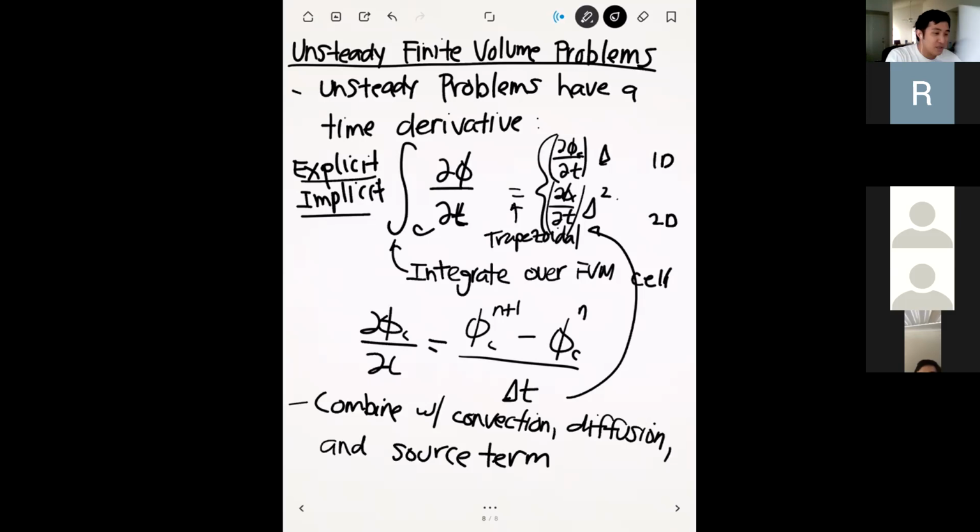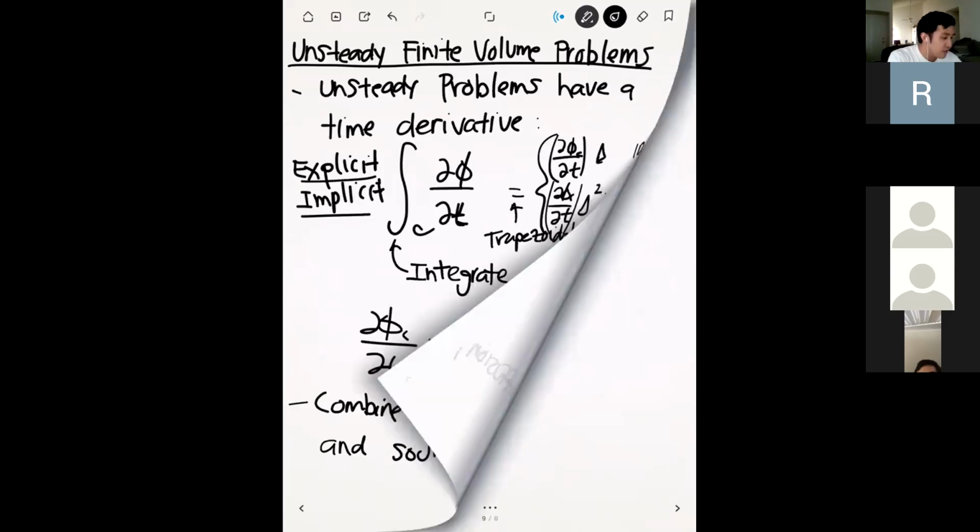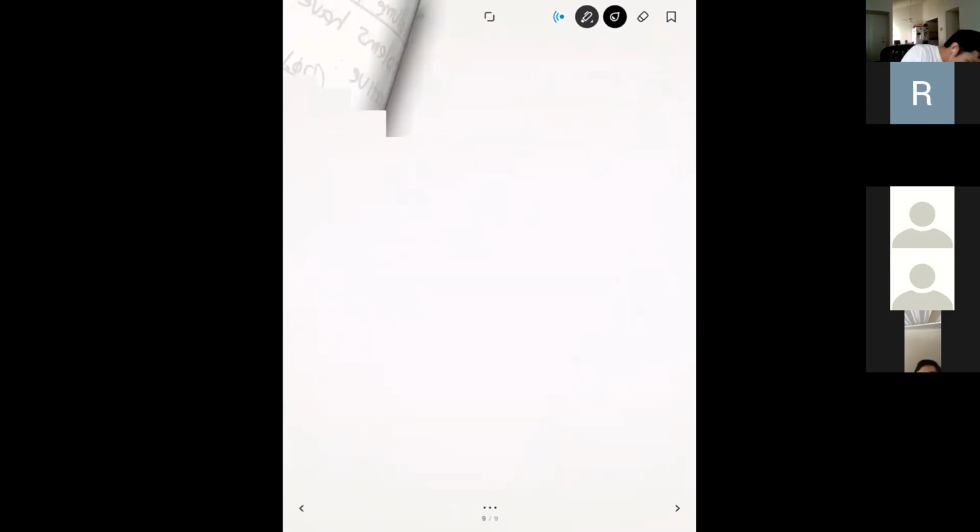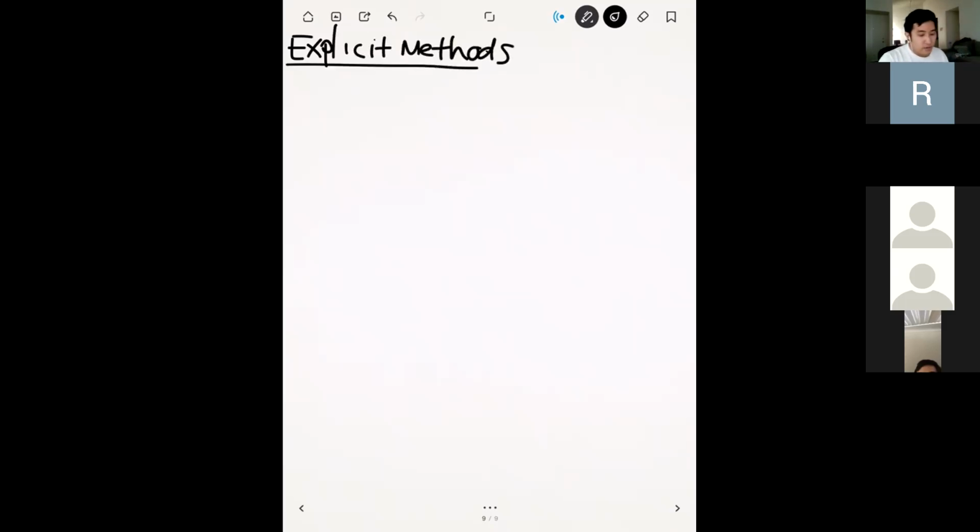Okay, so let's get into explicit time integration. Remember, the key with explicit methods, in terms of deriving the equations, is that we take all of our convection and diffusion terms, and we evaluate them at time instance n.